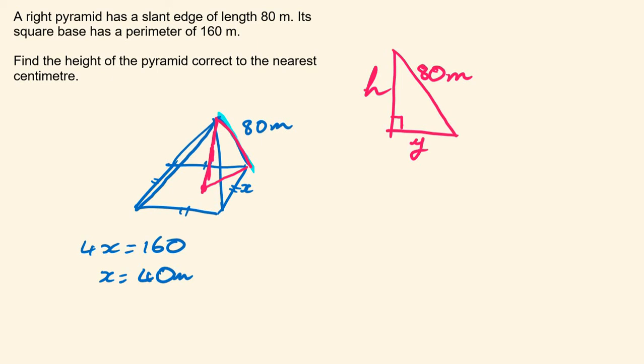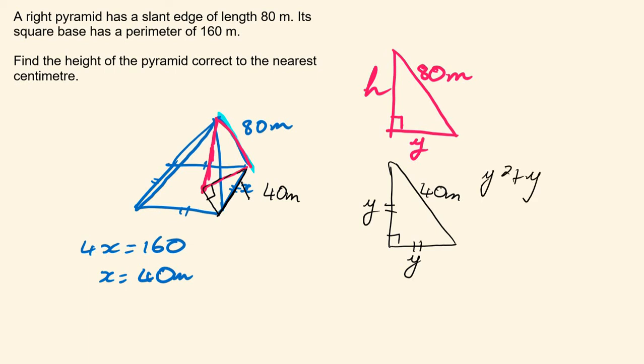However, if we look at this right-angled triangle, where those two sides are equal, what we do know is that this is 40. And so we could solve this one.